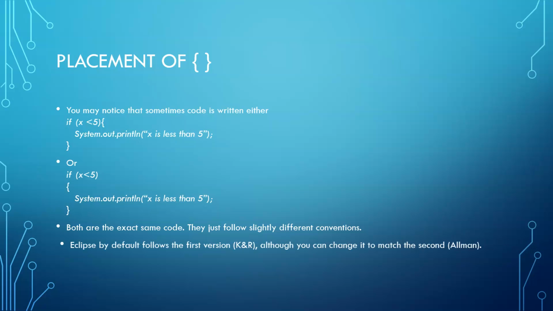All right, a lot of times Eclipse, for example, will follow the first version, which is known as K&R, and then the second version is more of an Allman style. Those are the two people or two orgs that have generated those syntax styles. I have more of a preference to using this one simply because the other generates one more line of code technically, so I like to condense stuff as much as possible.